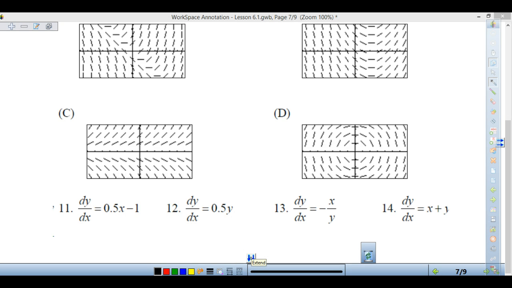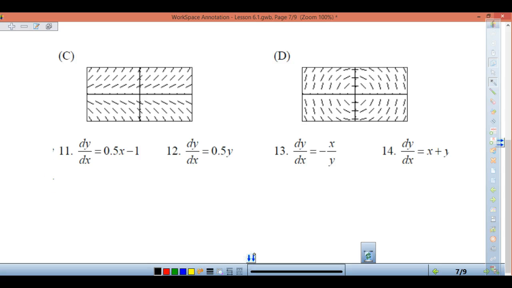So if I have the differential equation dy/dx equals 0.5x minus 1, what I want to do is I actually want to plug in some different x's and y's just to kind of see what's going on. So for instance, I like to pick 0, 0 as kind of one to start. So if I plug in 0, 0, I end up getting a slope of -1.